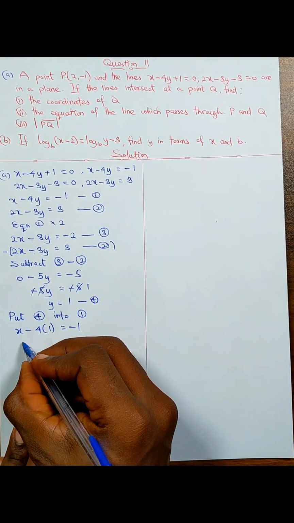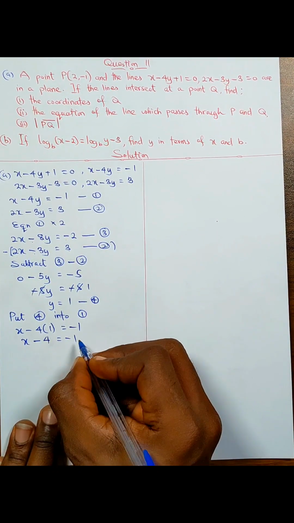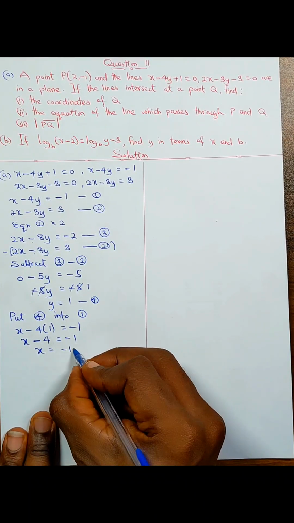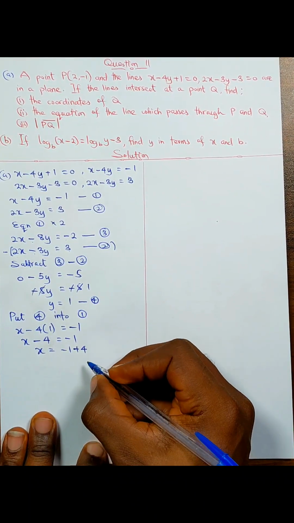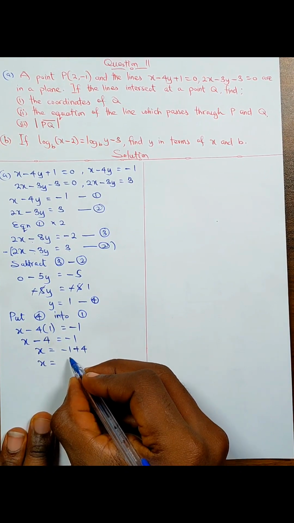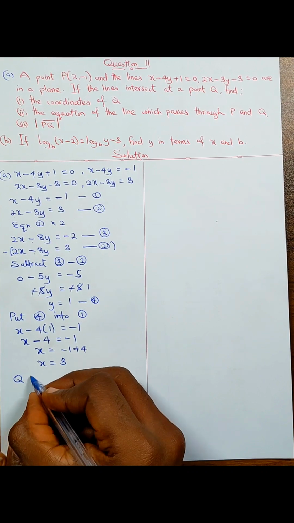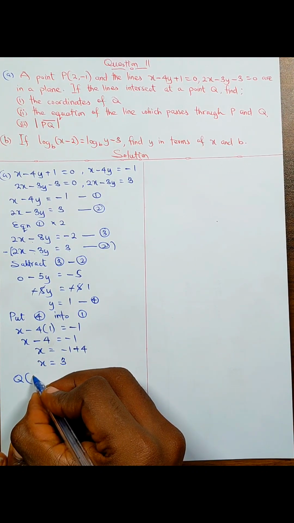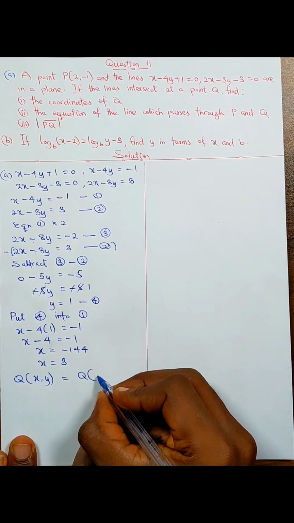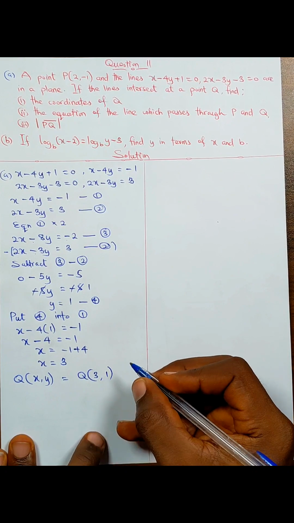Then I'll get x - 4 = -1. Then x becomes -1, and -4 crosses and becomes positive 4. Then x is now equal to 4 - 1, giving us 3. So the coordinates of Q, the x value and the y value, are x is 3 and y is 1.